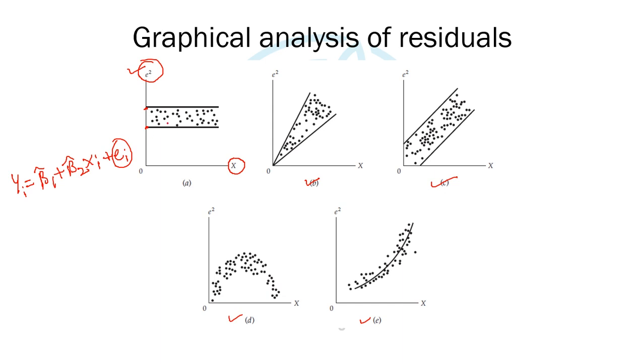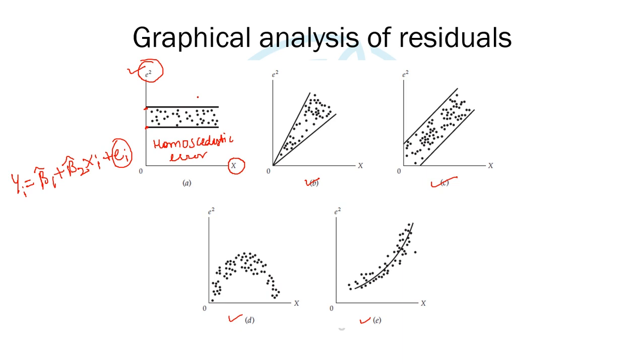It's lying in between them, but there is no strict pattern as such. So this is the case where we have homoscedastic errors. Rest all of them, B, C, D, E, point towards the problem of heteroscedasticity.